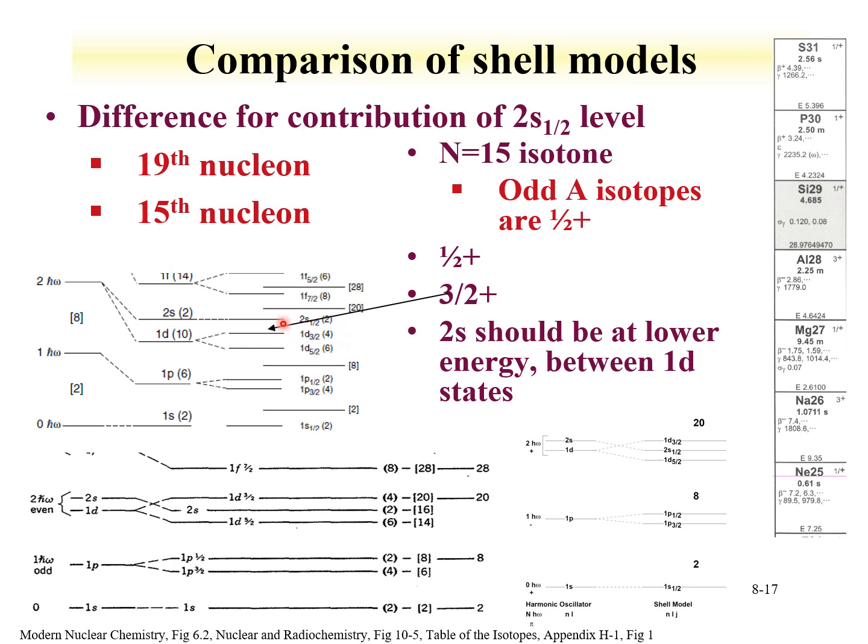This would be 3/2 plus, whereas for the other two models, that 15th unpaired nucleon would be in the s 1/2 state, and that would be 1/2 plus. So from this, that 2s orbital should be lower in energy when the spin-orbit coupling is considered, and it should be between the 1d states. This is also an example of why one should reference your data and sources.